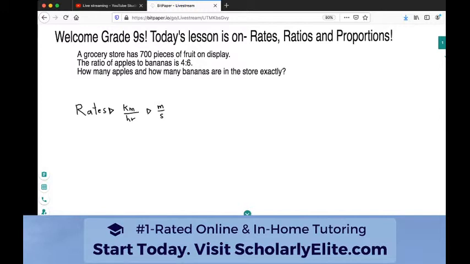Now, when we talk about ratios, that's something you probably learned in elementary school, but you have x to y, right? And then lastly, proportions. Proportions are similar to rates, but they're a little bit different.